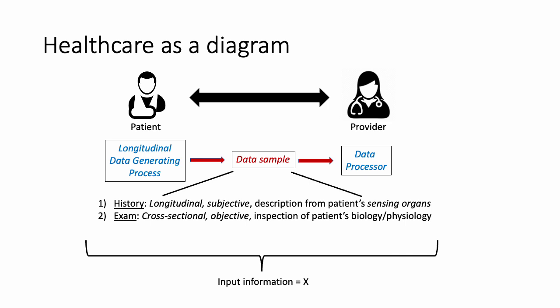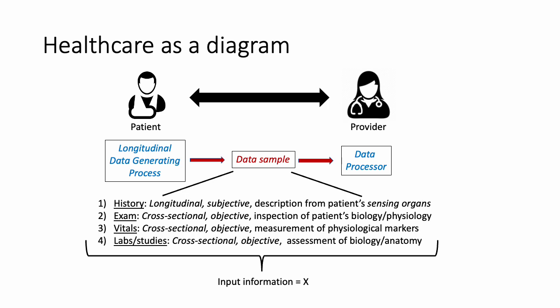It's an inspection of their biology and physiology. We take their vitals, measurements of their different physiological markers, and an association of labs and studies that is cross-sectional objective, basically an assessment of their biology and anatomy. So this is the data sample that we can think of being provided to us as the data processor, clinician, or provider.